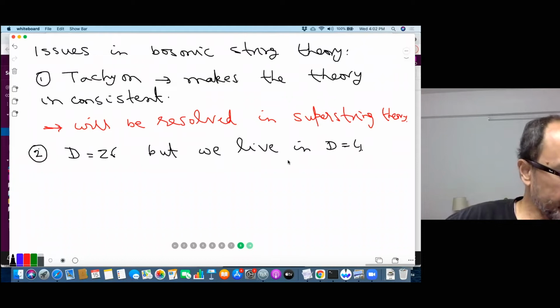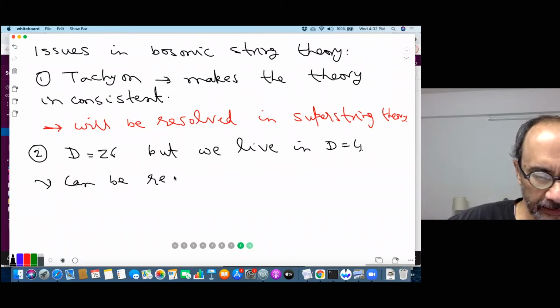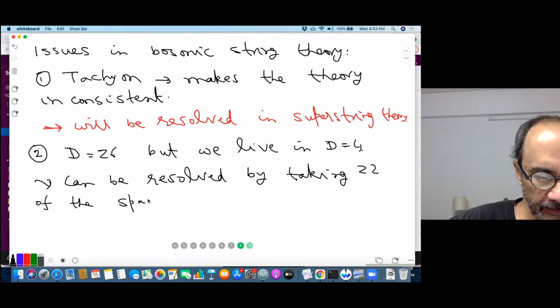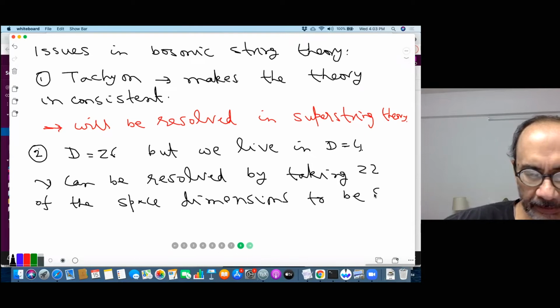It turns out that this is not a very serious issue, because this can be resolved by an idea known as compactification, by taking 22 of the space dimensions to be small and compact.